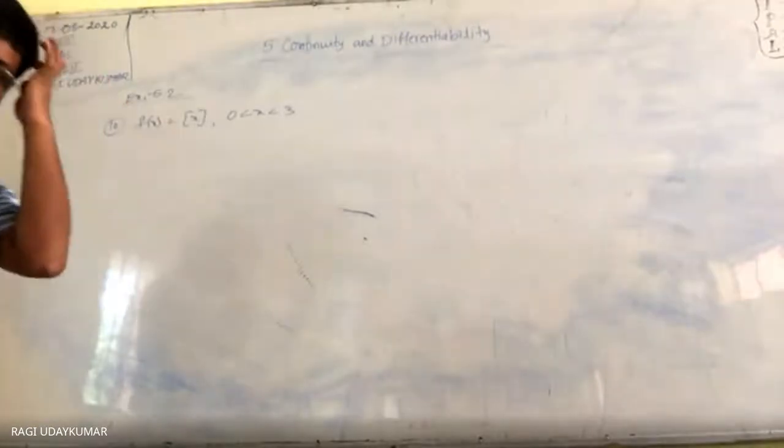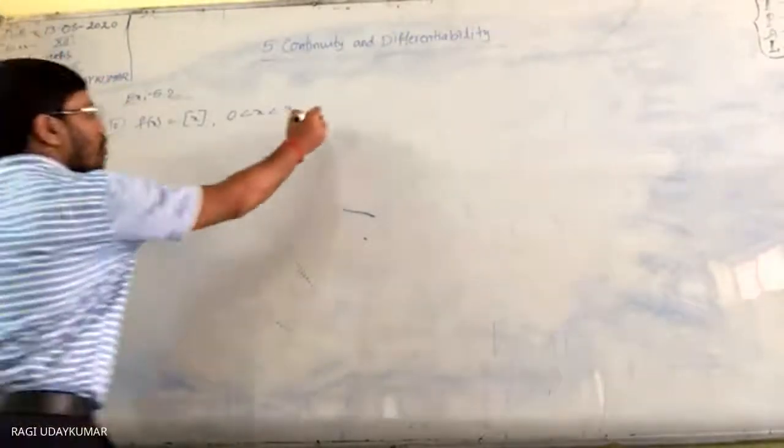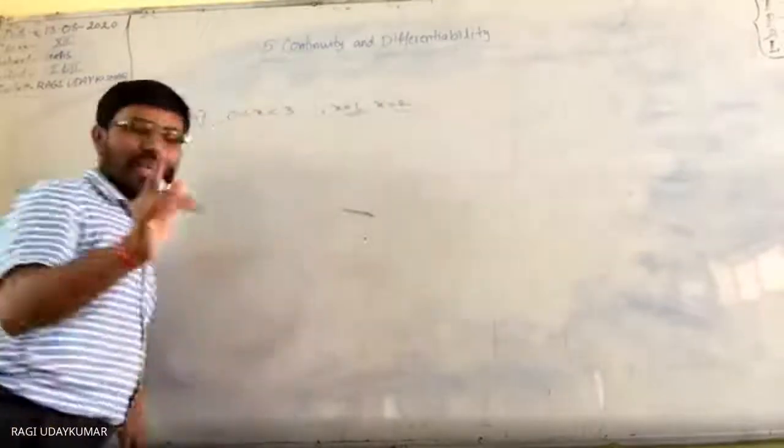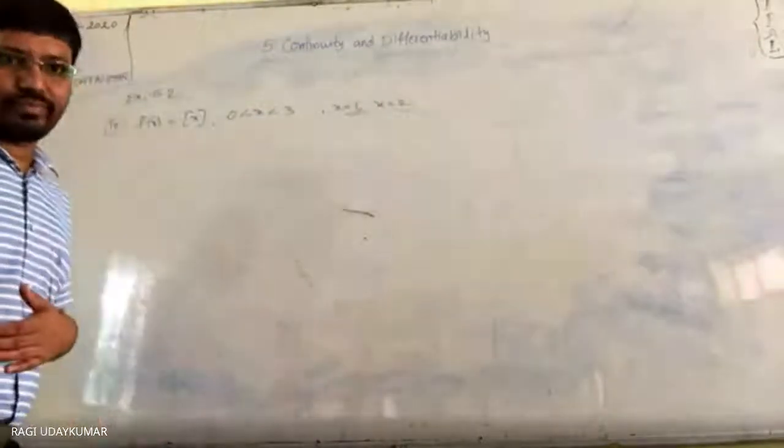It is not differentiable at x equals 1 and 2. At both x equals 1 and 2 it is not differentiable. We need to show it. One I will tell you, the other you do.